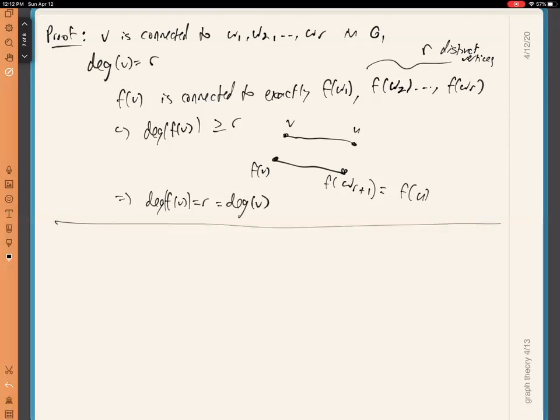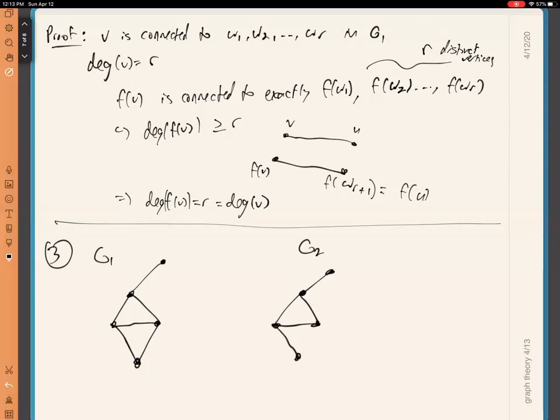And so one easy way to check if two graphs are not isomorphic is to just compare the degrees of the vertices, right? So let's do one more example of this. And so in this case, my graph G1 will look like this. And my graph G2 will be very similar, with one important change.